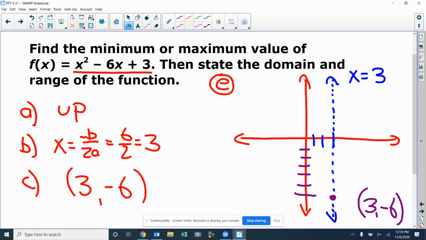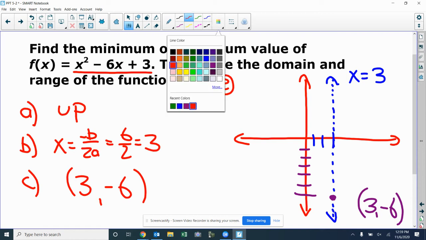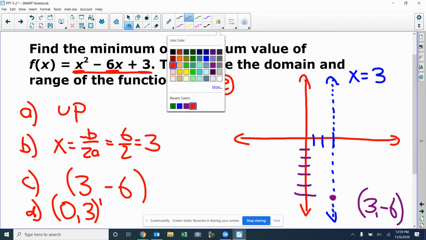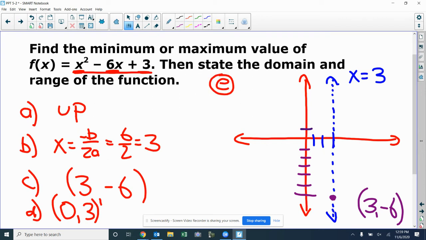A, B, C, D. We're ready for part D from yesterday, which is our y-intercept. Always 0 and whatever C is. Well, what's C here? 3. Remember, your A and your B and your C. So 0, 3. Let's get back to this guy. 1, 2, 3. 0, 3.